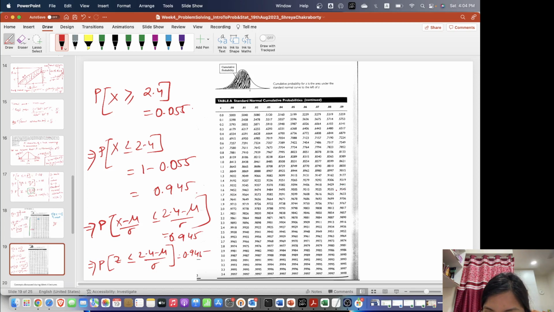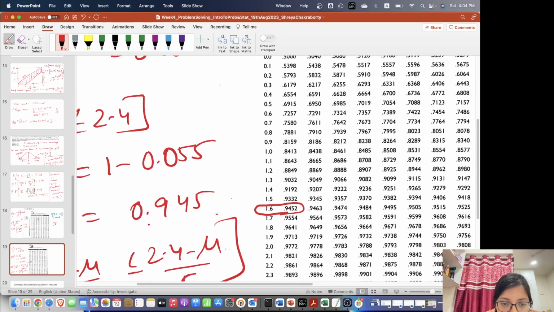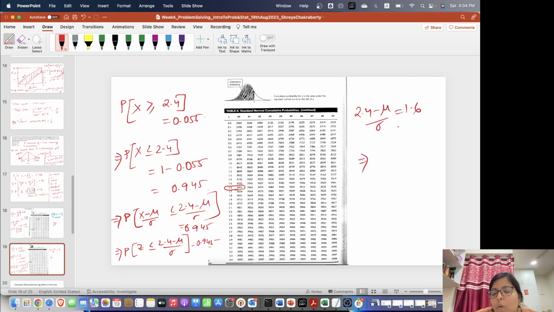So here we have 0.945, this is the area. Can you see? Yes. Okay. So this point, whatever we have, is 1.6. So we can write 2.4 minus mu by sigma equal to 1.6, which implies mu plus 1.6 sigma equal to 2.4.